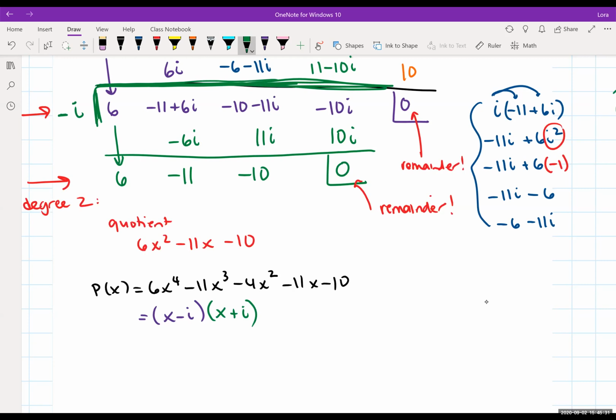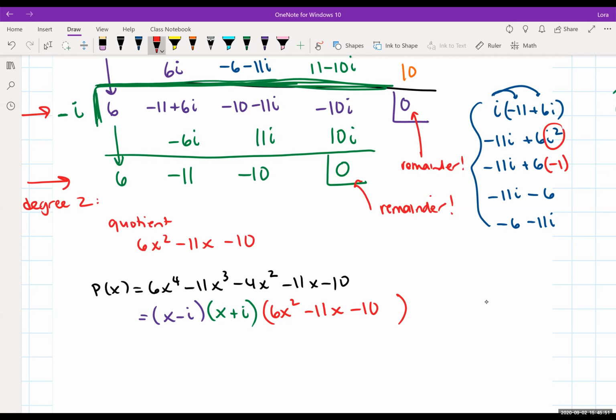After we perform synthetic division using both of these complex roots, we ended up finding a quotient, our remaining factor polynomial, having a degree of 2.